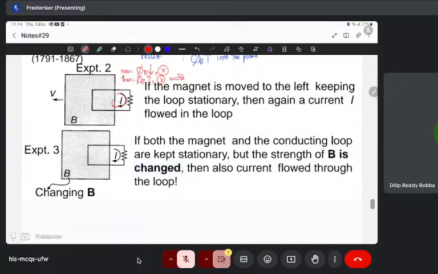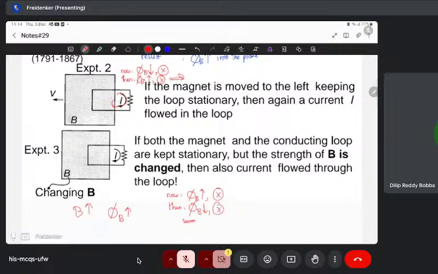Let's say, okay, now let's assume B is increasing. If B is increasing, that means my magnetic flux will also increase with respect to time. So if B is increasing in the into the plane direction, then the opposite thing that you could do is decrease it in the same direction.